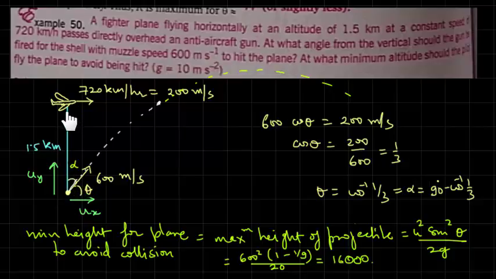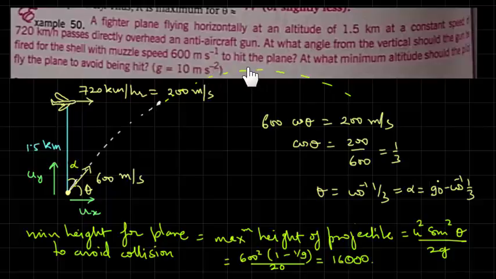If the gun wants to hit the plane, then alpha has to be, actually, alpha should be 90 minus cos inverse 1 by 3. So this angle is constant regardless of the height of the plane. Even if the plane is here, the gun has to fire at this alpha angle from the vertical. Even if the plane is somewhere here, the angle has to be the same.